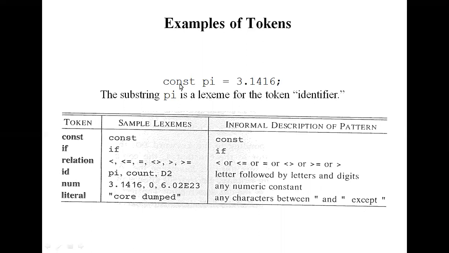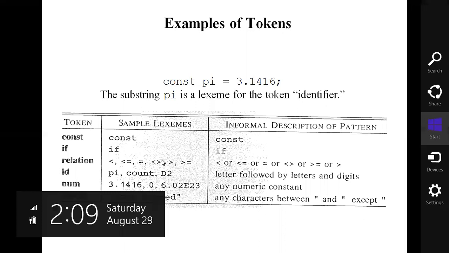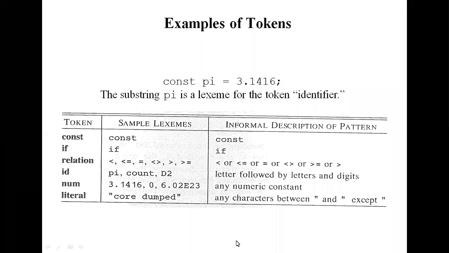For example, here we have const pi equal to 3.1416. The substring pi is a lexeme for the token identifier. Did you get the point? What it means is identifying the lexeme from the source program, like pi, and recognizing the class of pi, class in the sense of the category of pi in the form of a token, is identifier.